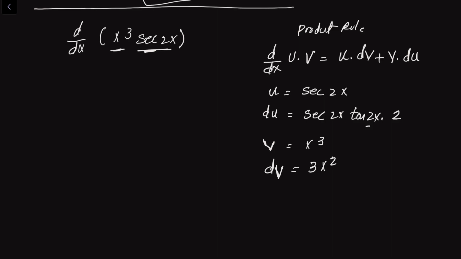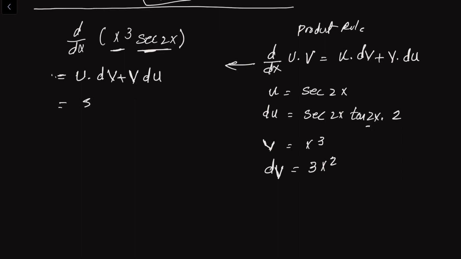All right, great. Let's apply this to this problem here. So again, I'm going to follow this here. Let's write it again. It will be equal to u dv plus v du. So what is u?